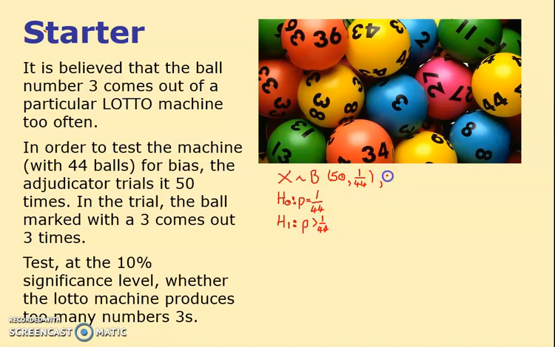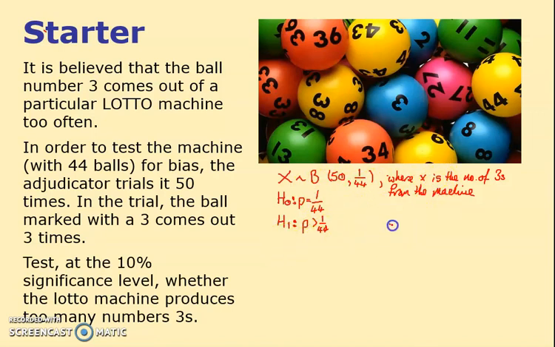And I suppose where X is the number of 3s from the machine. So you're just trying to get all the easy marks at the start of a question. We write down the distribution, we write down the hypotheses, you explain what X is.